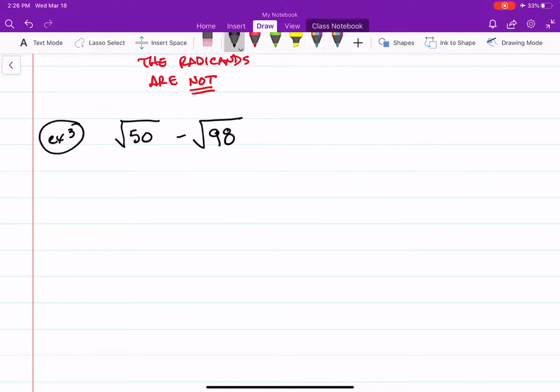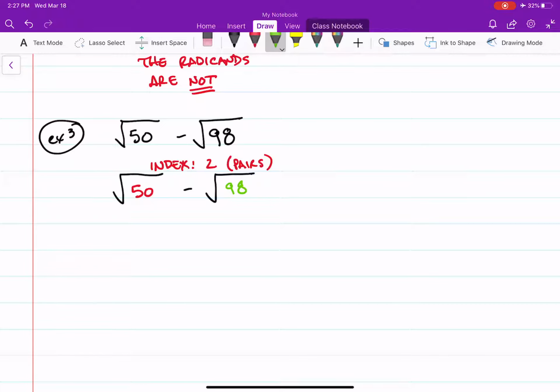However, we can also break these down, right? What we know is that the index is a 2. So we're looking for pairs. All right, so let's break these down. What I have over here is the square root of 50 minus the square root of 98.